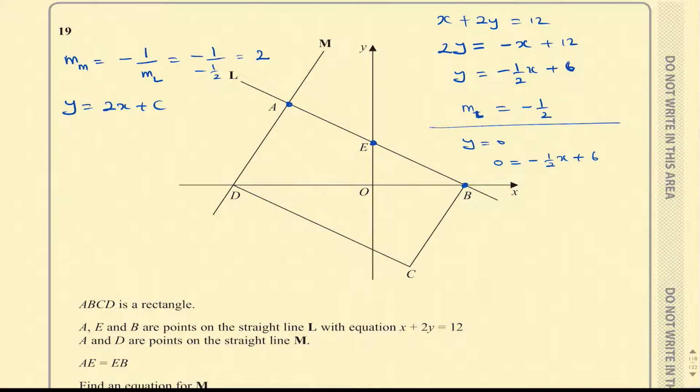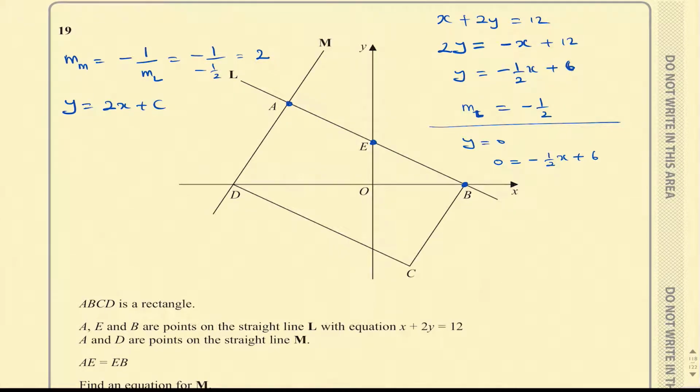If I take minus a half x to the other side, I get a half x equals 6, and therefore x equals 12. So this point is (12, 0).